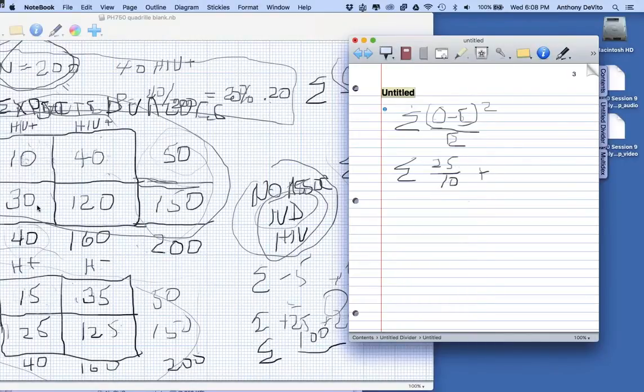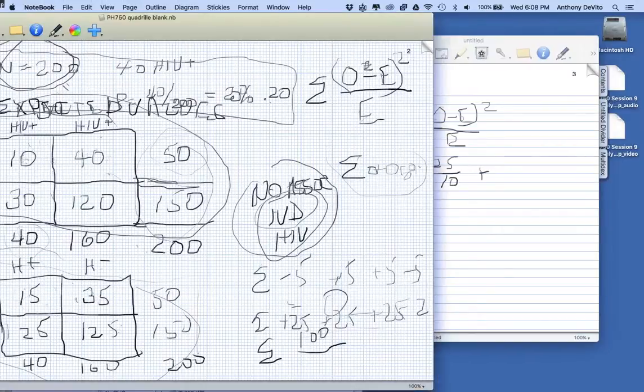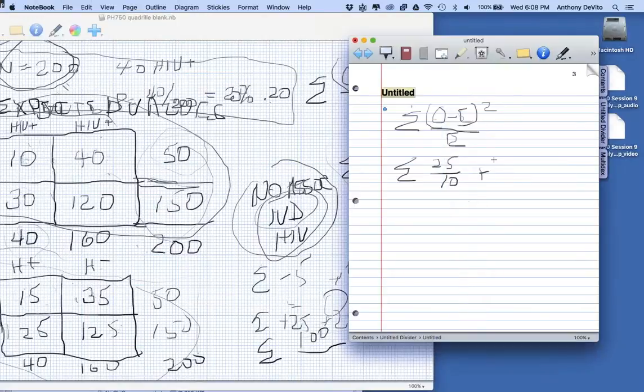Plus, the observed value was 25 minus the expected value of 30. That squared is going to be 25 again, a positive 25, over the expected value, which was 30. Plus, I'm going to move down here so I don't have to move the page.